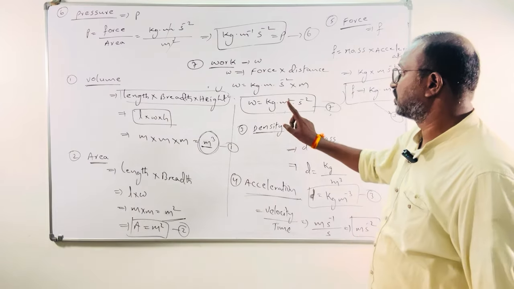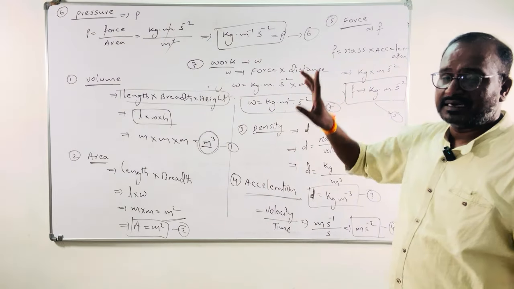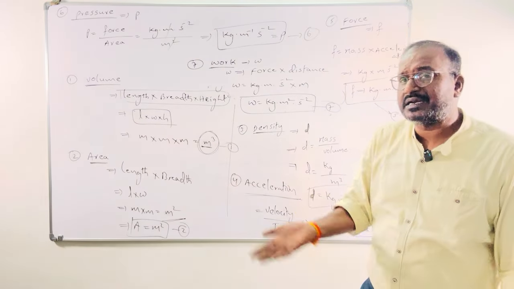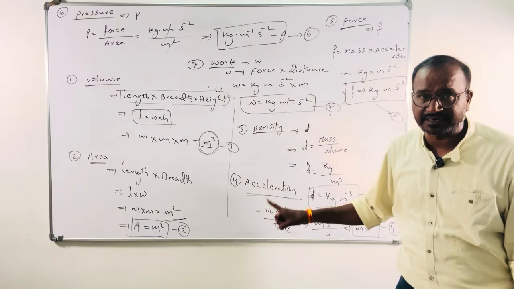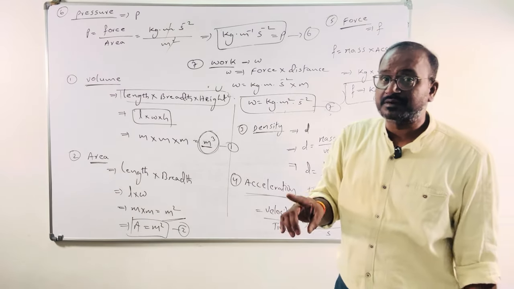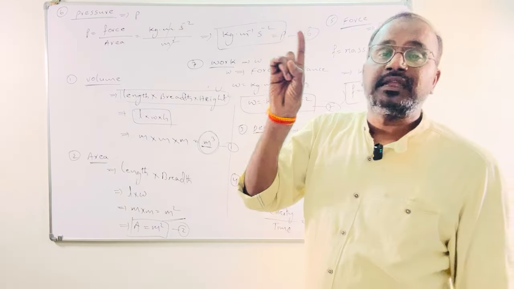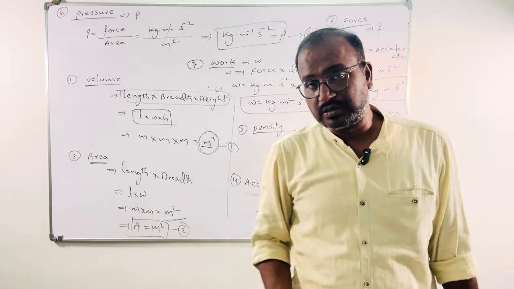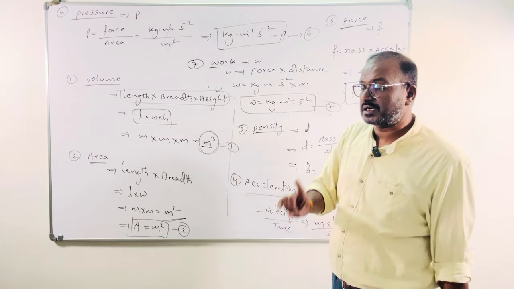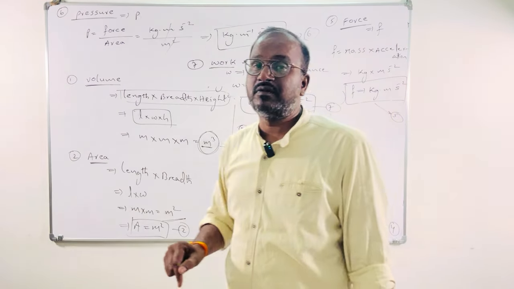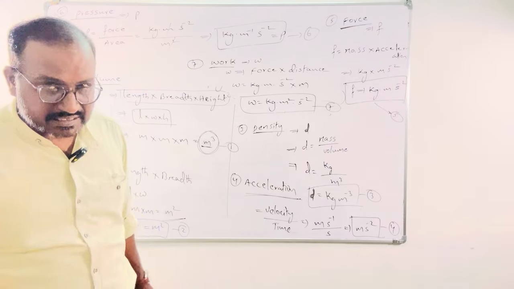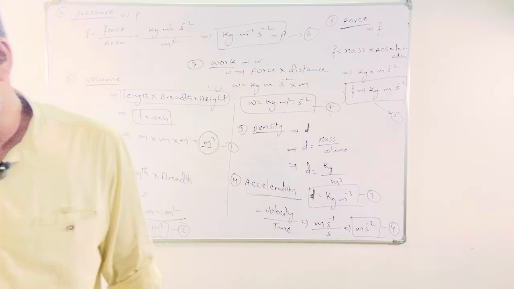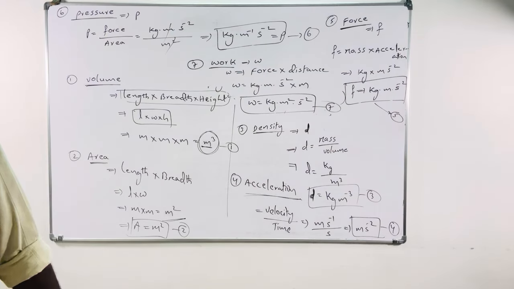Let's go for conversions: how to convert SI units into CGS units, and CGS units into SI units, because many types of units are there for each physical quantity measurement, not only SI units. In a question paper, we may give CGS units or other units, but we need to convert them into SI units. How to convert other units into SI units or SI units into other units? That is called conversions.